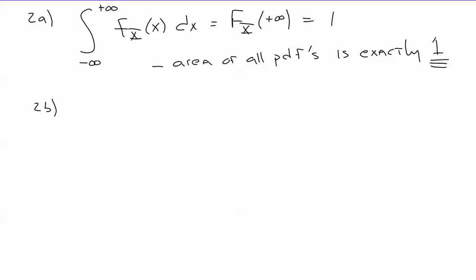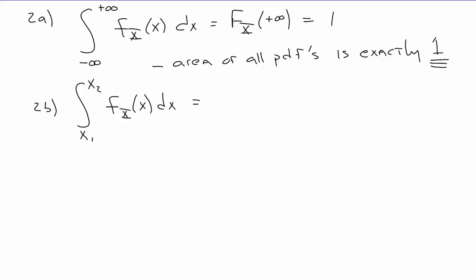What if my limits of my integral are x1 to x2? What if I integrate my probability density function between limits x1 and x2?